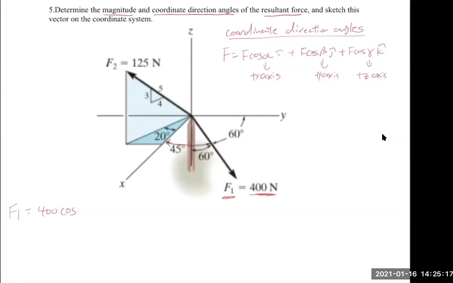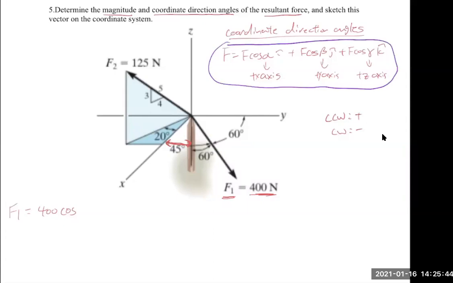You guys can see that right here it is measured in the counterclockwise direction, because in this class counterclockwise always means positive and clockwise always means negative. And when you do the coordinate direction angle form, always do it in the positive form, which means this right here shouldn't have any negative numbers.